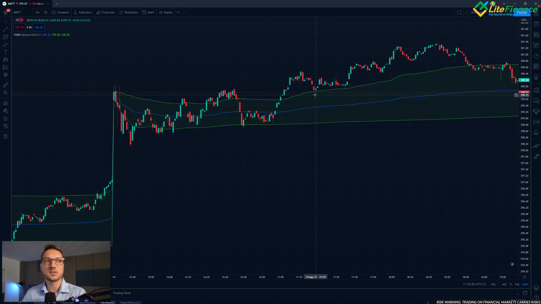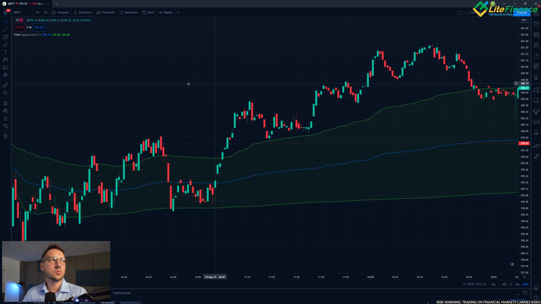And how you could set a take profit and a stop loss level: basically the best way to do it is to measure the correction movement, and based on that set a stop loss as well as a take profit. What I mean is, this was the initial move, this upside wave, and this was the correction move.